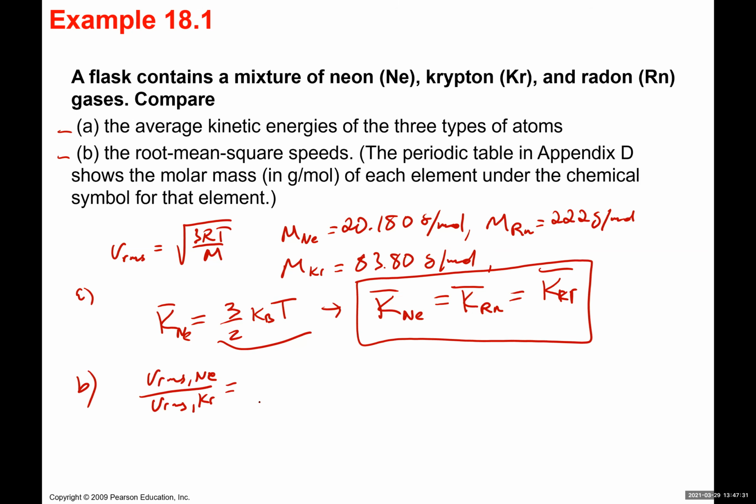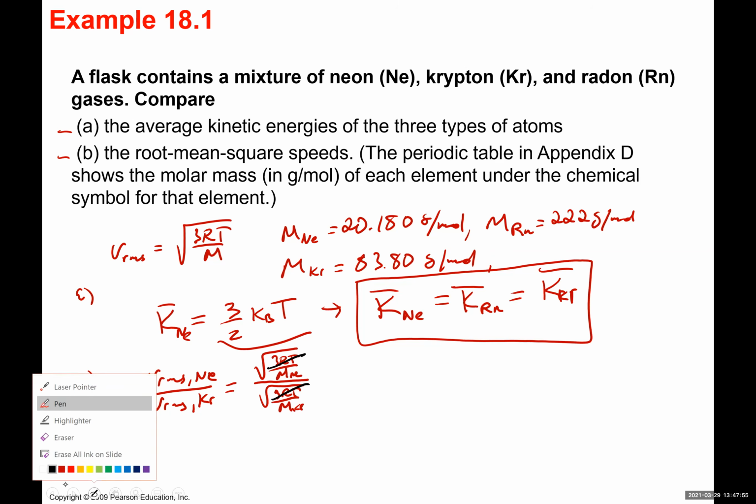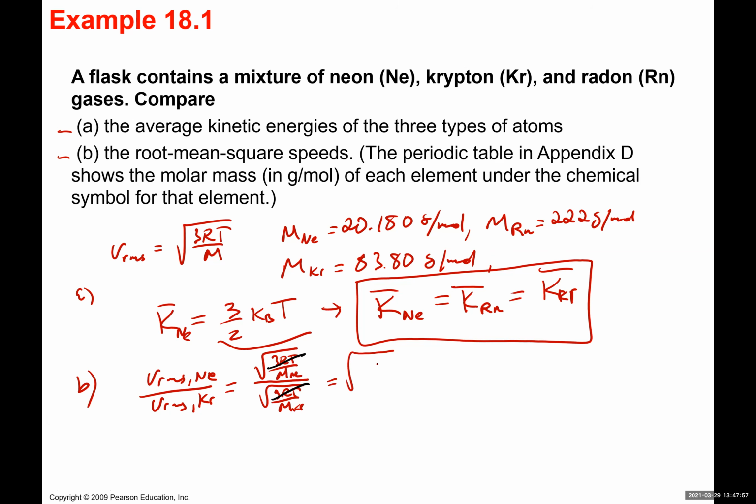What I have here is the square root of 3RT over M neon, over 3RT over the molar mass of the krypton. Well, I can see from here that this can all cancel out, and all I end up with is the square root of the molar mass of the krypton over the molar mass of the neon.